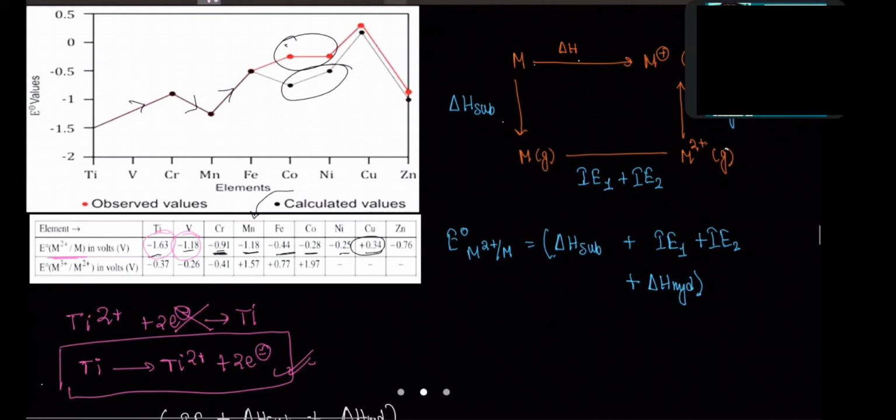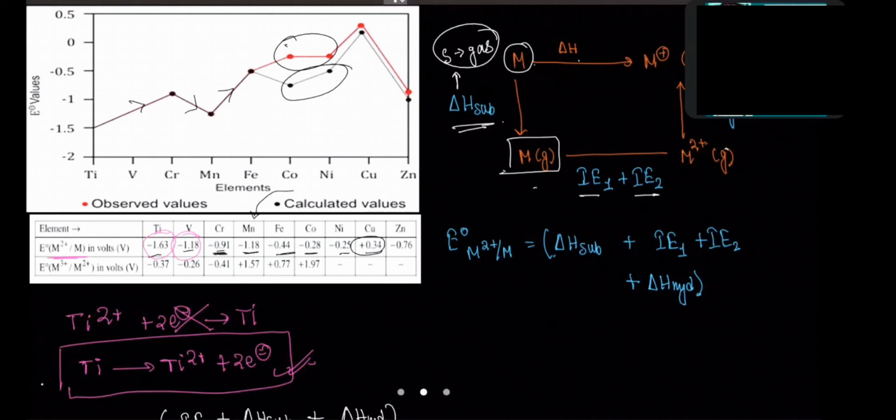Now, how does the process of reduction happen? So first, M is converted into M gas, and for that I need sublimation. Delta H sublimation, solid to gas, is called sublimation. Now, M gas is converted into M2+ by giving IE1 and IE2, because I am considering 2 plus. If you have 3 plus or 4 plus, in those cases you have to just keep on adding the ionization energies, and from there you need delta H hydration to get M2+ aqueous.